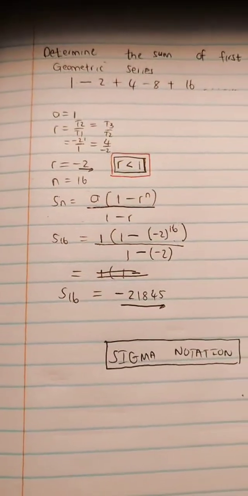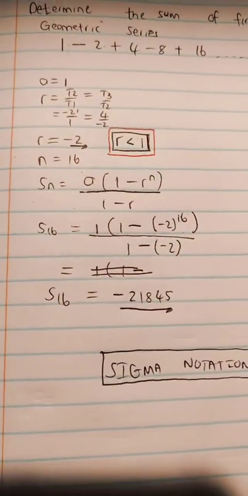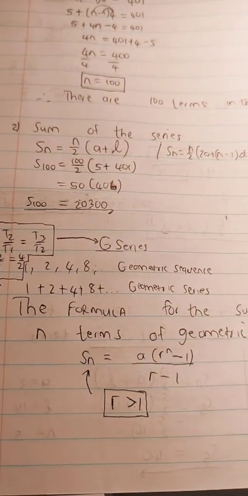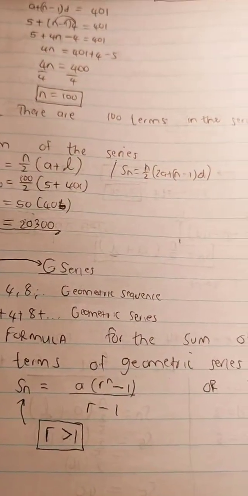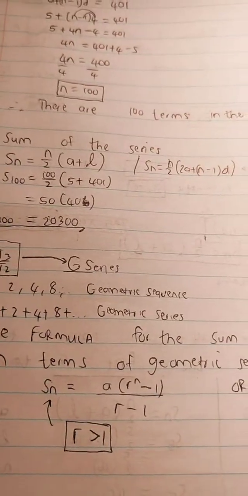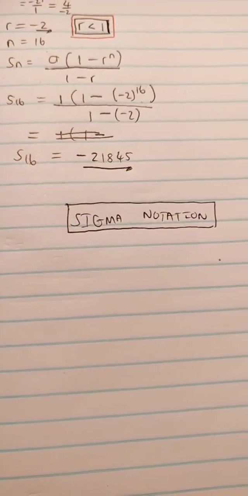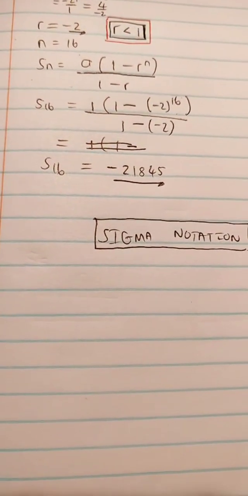There are other scenarios that I haven't looked at, but the concept of geometric series and the formula and the concept of arithmetic series and the formula has at least been covered. The rest is up to you, and maybe I'll also look at it in future live sessions.